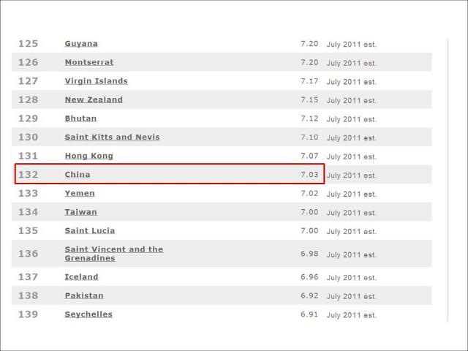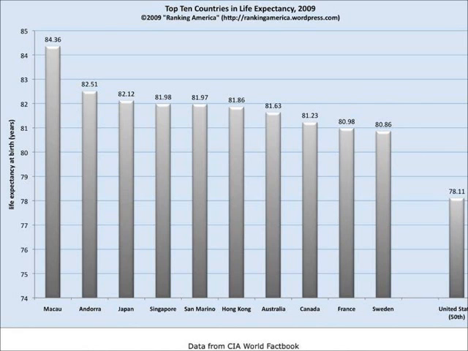China's rank of 132 with 7.03 deaths per thousand is lower than the U.S. rank of 89 with 8.38 per thousand. Here are life expectancies for the top 10 countries in 2009. Life expectancy in the United States is around 78 years of age.